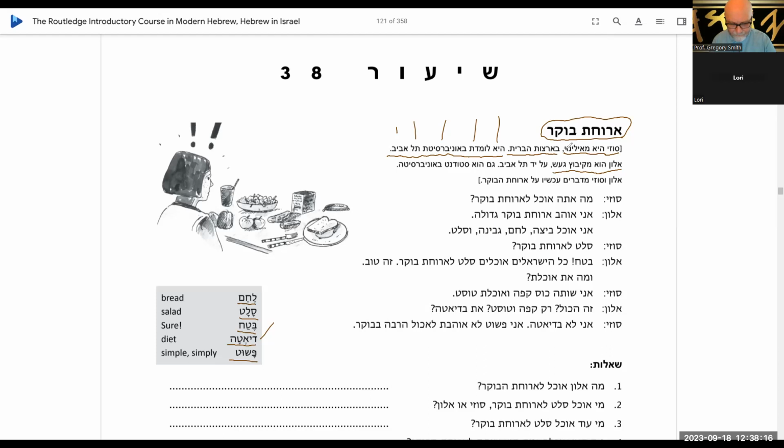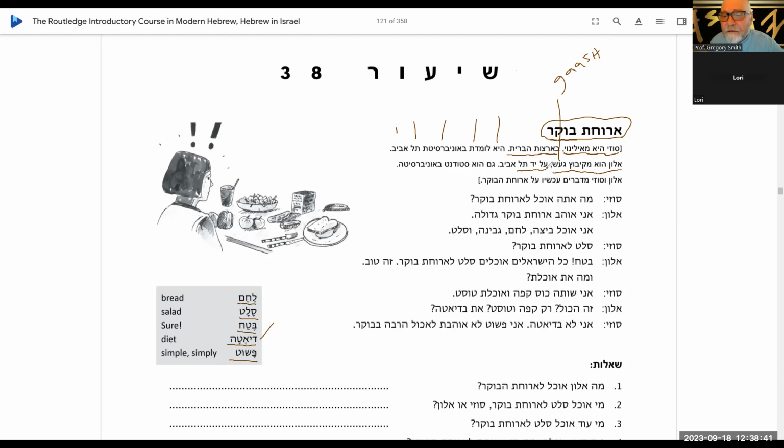Okay, Alon is from the kibbutz of Ga'ash. אלון הוא מקיבוץ געש. Okay, so this is like G-A-A-S-H. So that's the name of this kibbutz.